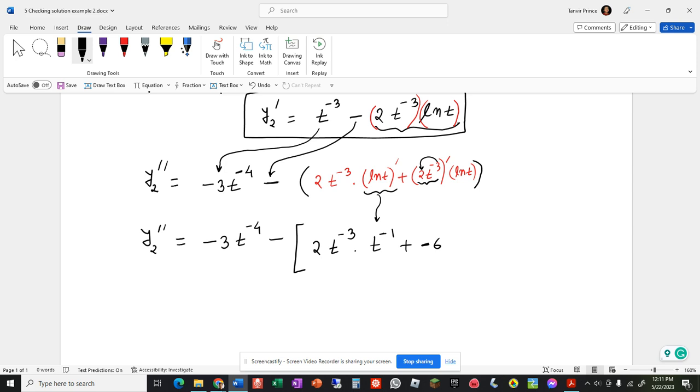So I get negative 6 t to the power negative 3 minus 1, which is negative 4, times ln of t. So let's simplify. So I get negative 3 t to the power negative 4. Let's distribute this minus sign.